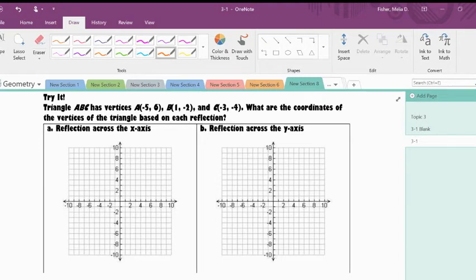So I'm going to graph the original points at negative 5, 6, 1, negative 2, and C is at negative 3, negative 4. Please use a straight edge to draw your graphs.